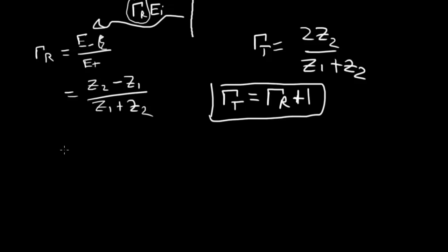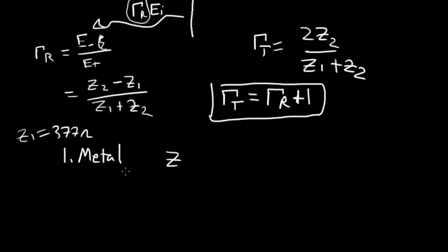In the case of a metal, let's assume the first medium is free space, so Z1 equals 377 ohms.